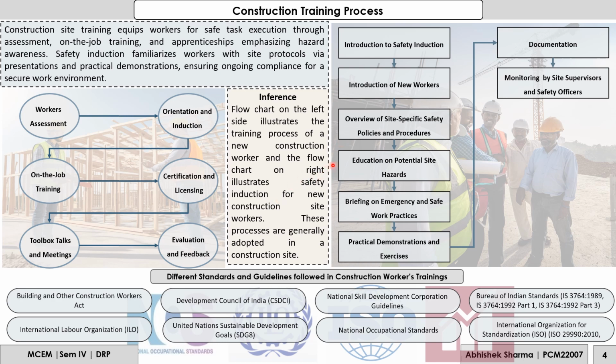The flow chart on the right shows the safety induction process, which includes introduction of the worker, overview of site-specific policies and procedures, education on potential site hazards, particularly for a new worker, briefing on emergency and safe practices, practical demonstrations and exercises, documentation, and then monitoring by site officials.